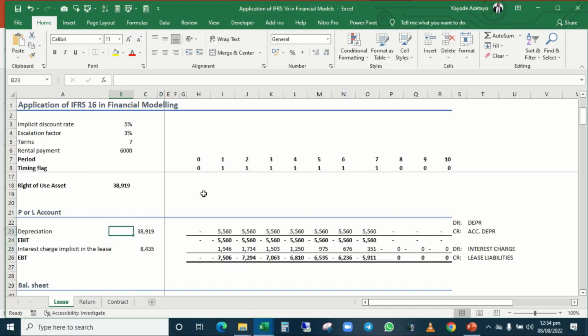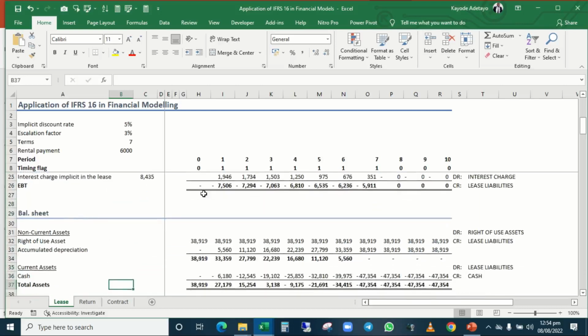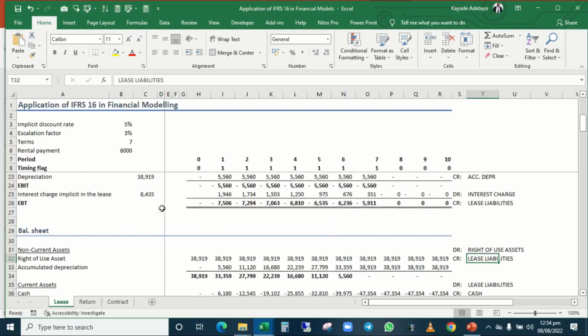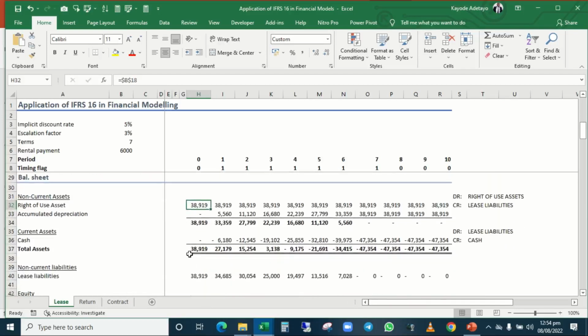So the first posting that the financial reporting guys would do is to debit the right of use asset and credit the lease liability with that figure that we derived of 38,919. And this is what is done here: debit this, so it increases the right of use asset, and credit the lease liability.